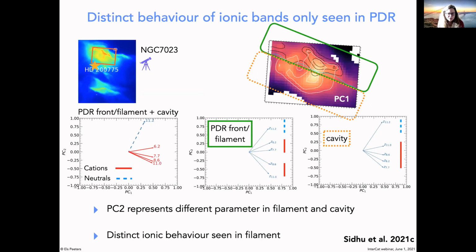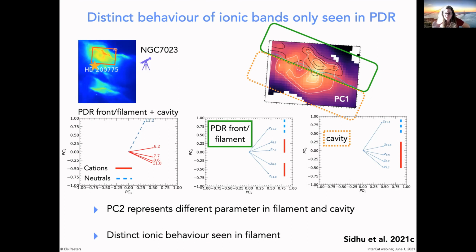Now, let's go back to our PCA analysis. What you see is the PCA analysis for the other reflection nebula. And here the clustering of the 6.2 and 7.7 was not so strong compared to the other clusters.